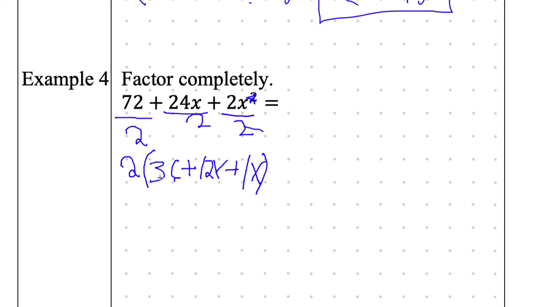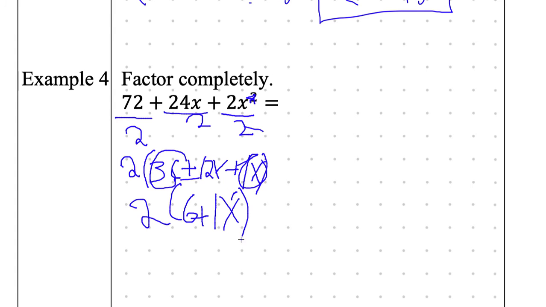And then you take the square root of 36 and 1, and you keep the positive sign, so that would be 2, and then 6 from the 36, plus, because we keep the plus from the 12, then you get the 1x, and then squared.